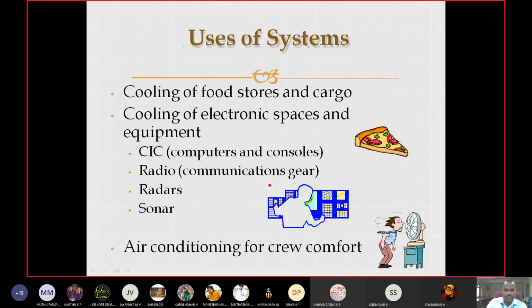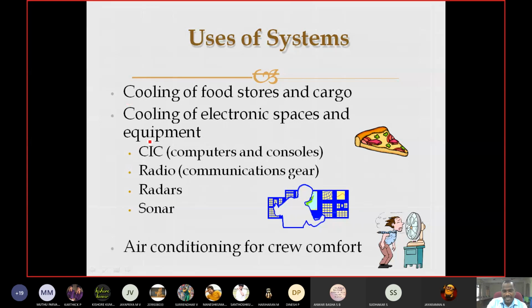Then the uses of the system. The uses of this refrigeration system are the cooling of food stores and cargo, cooling of electronic spaces and equipment, such as CIC, computers and consoles, the systems for cooling radio and communication gear, and radars and sonars also cooled by the system.